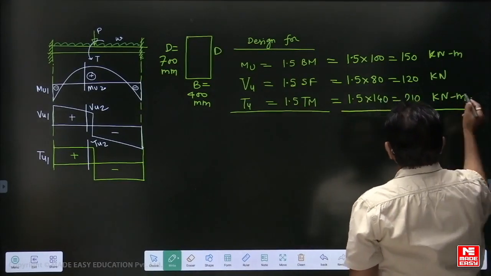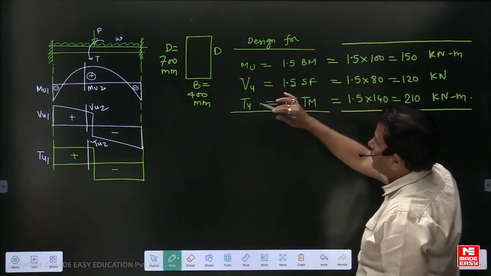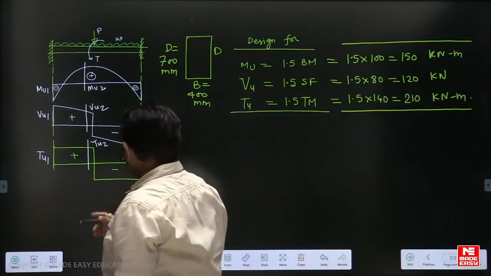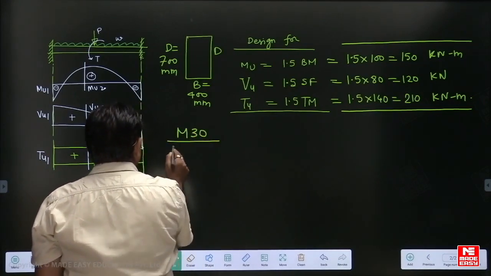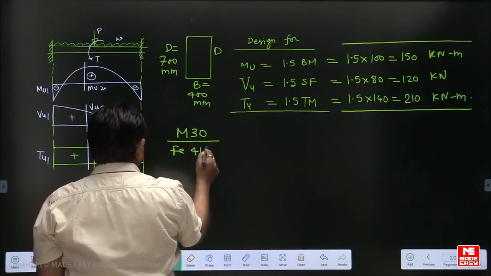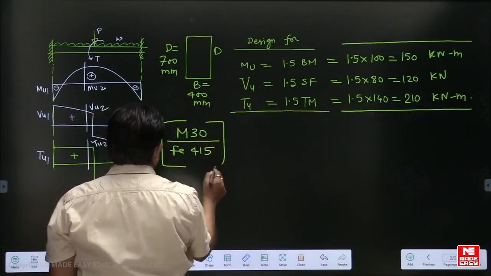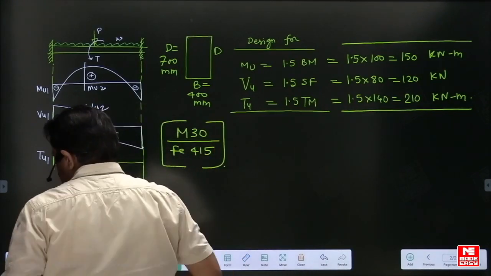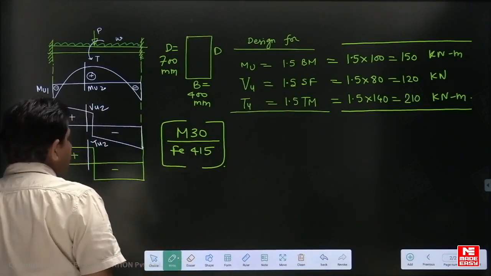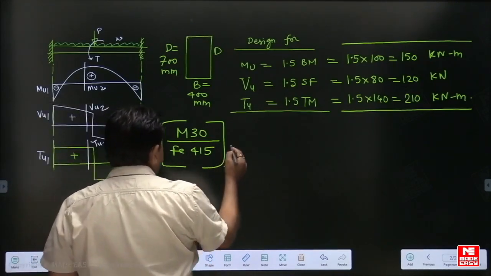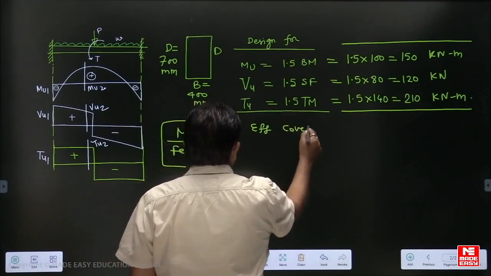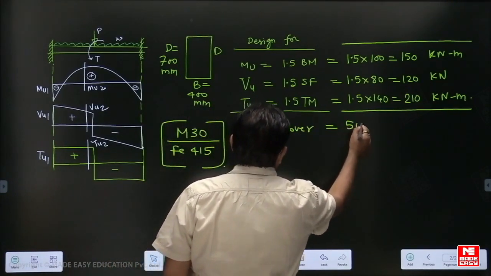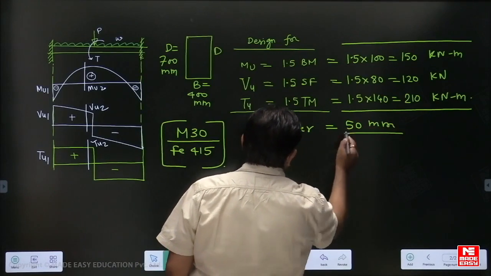So how can we design this beam for these moments using M30 concrete and Fe415 steel? This is your question. Let's understand. Effective cover is 50 mm. Effective cover is measured from the center of the main bars.